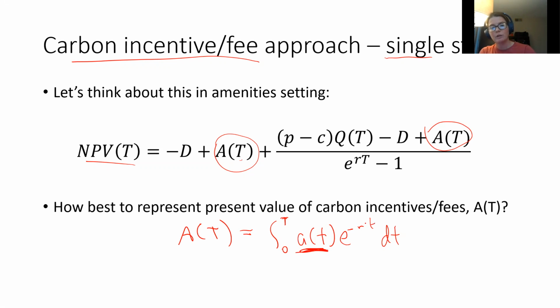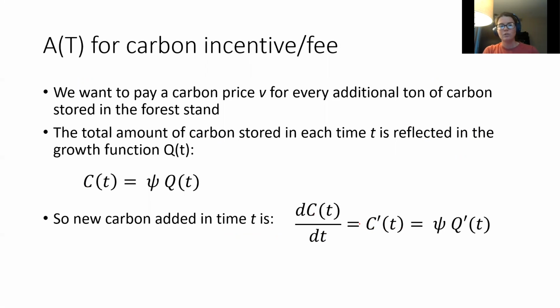Okay, so now we're going to think about how we want to specify this equation for this particular carbon incentive and fee setting. We want to pay a carbon price v, little v, for every additional ton of carbon stored in this forest stand. So we need to define how much carbon is being stored in the stand.